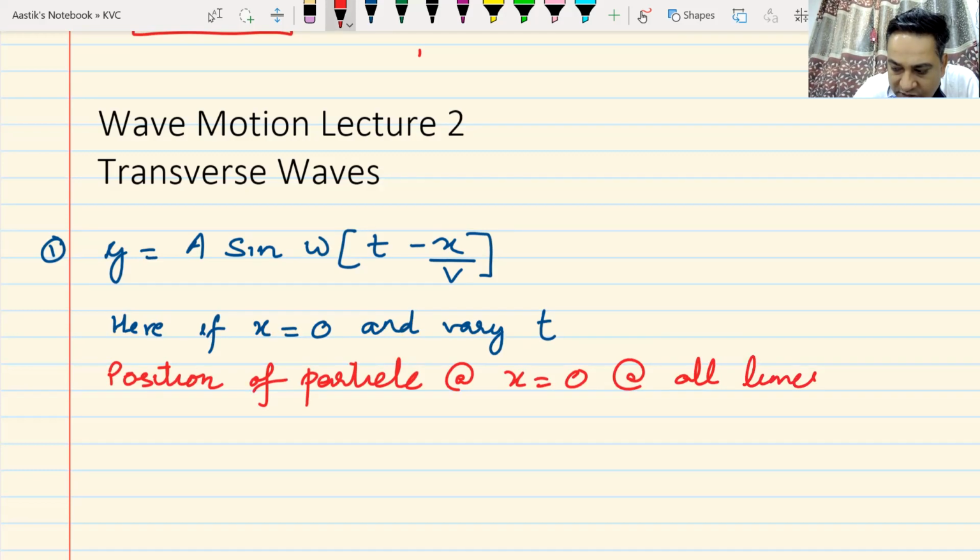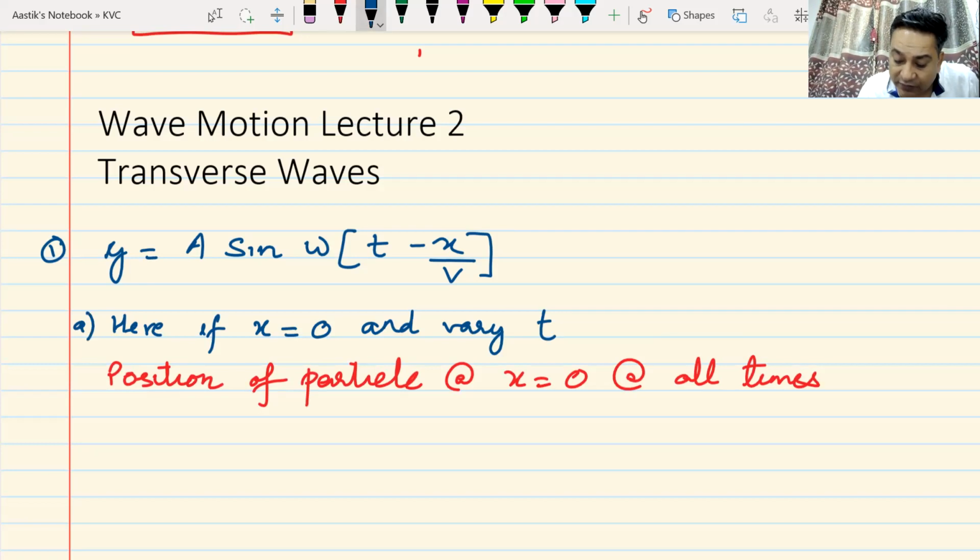Do we understand this? If I put the value of x as a fixed number 0, 1, 2, 3, 4, I will get the position of the particle which is present there at all times. Now, that is case number A.